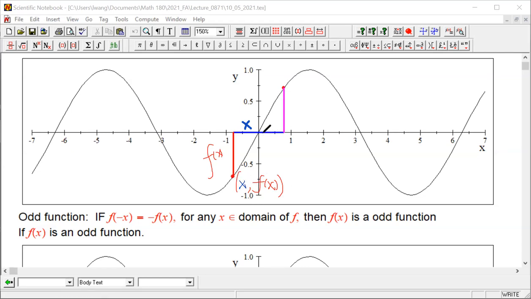Now let's look at this piece. If this is x, this piece is negative of x. That's how it's being created. And the purple is the algebraic form, f of negative x.